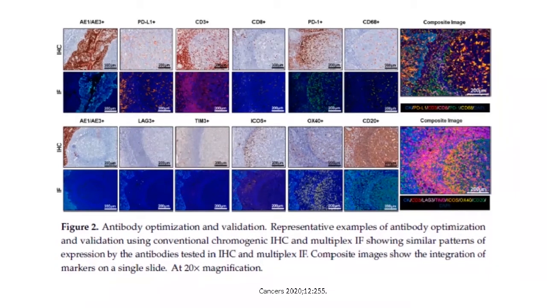And something that we've been using mainly in a routine diagnostic setting is a Roche Discovery system where we use sequential heat deactivated chromogenic staining, in which case we're actually limited to a 5-plex stain. For all of these different techniques, I think it's important not to forget that these are, of course, combinations of individual stains.